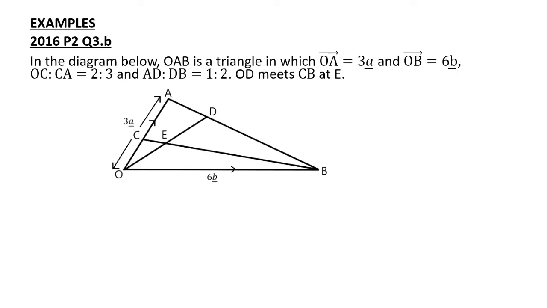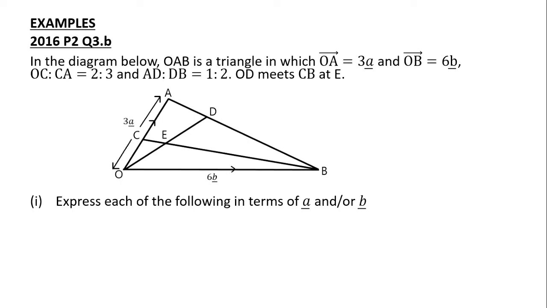2016. In the diagram below, OAB is a triangle in which vector OA equals 3A and vector OB equals 6B, OC to CA equals 2 to 3, and AD to DB equals 1 to 2. OD meets CB at E, like that.